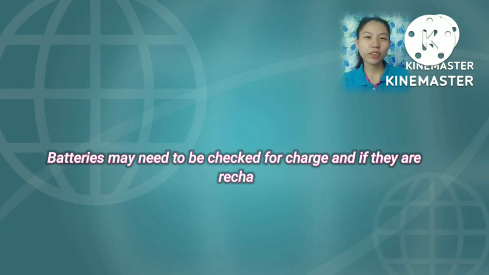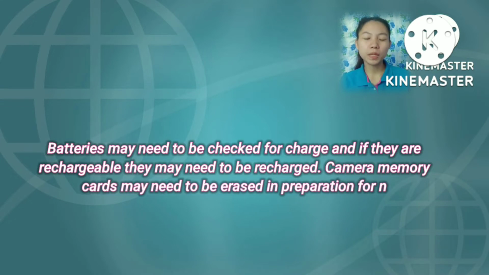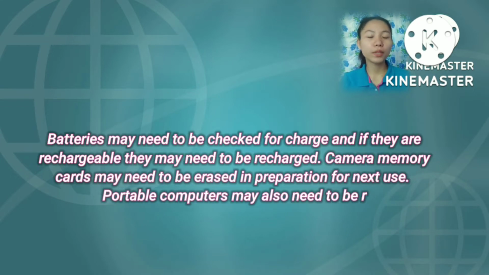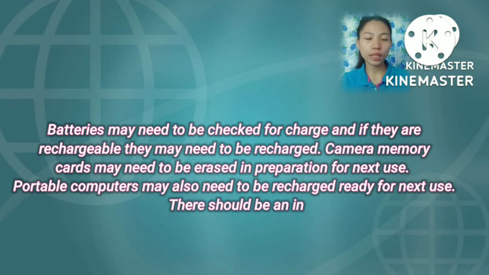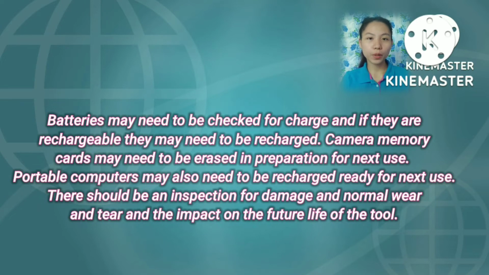Batteries may need to be checked for recharge, and if they are rechargeable, they may need to be recharged. Camera memory cards may need to be erased in preparation for next use. Portable computers may also need to be recharged ready for next use.